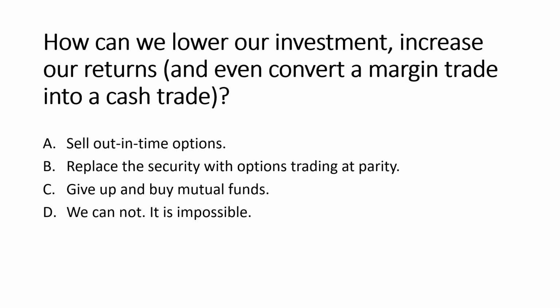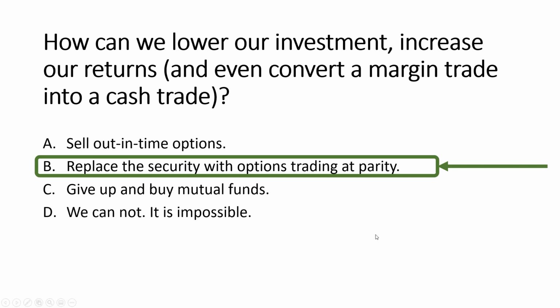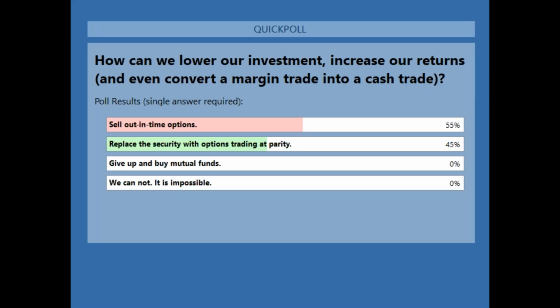And I'm absolutely excited that I asked this question. The reason is because the answer is replace the security with options trading at parity. And if we take a look at what people were guessing, it was almost 50-50, but it weighed a little heavier on people thinking we should sell out in time options.